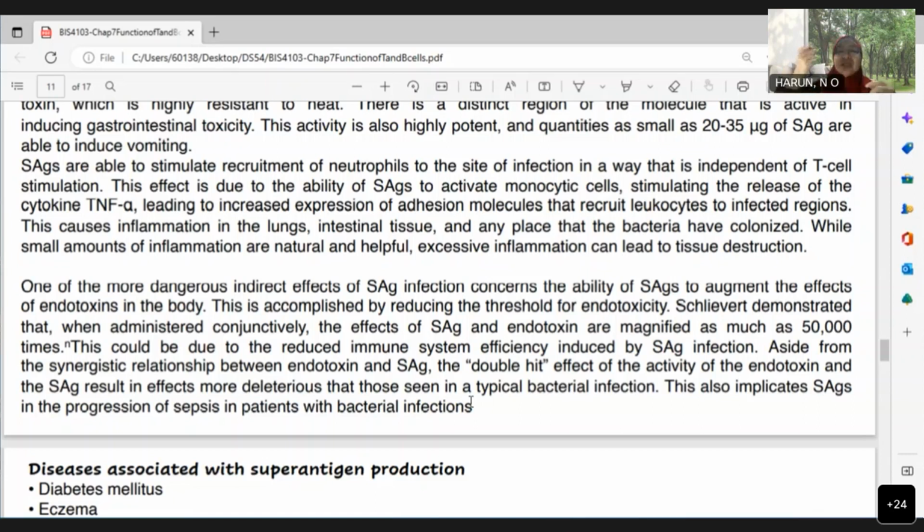Sometimes we do a swab and the result shows negative, but maybe the symptoms are quite similar to COVID-19, or any variants that have already mutated nowadays.